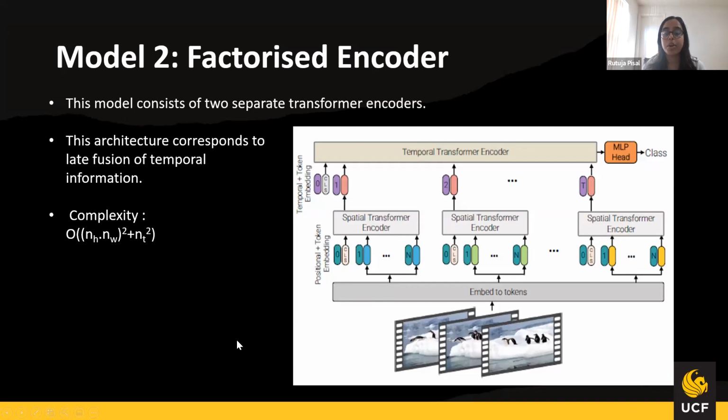But there are fewer floating point operations as everything is not interacting with everything directly, which was the case in model 1. So the tokens do interact with each other at long range as well, but they do that indirectly. So model 2 overcame the complexity issue of model 1, and the complexity of this model is much less as compared to the first model.